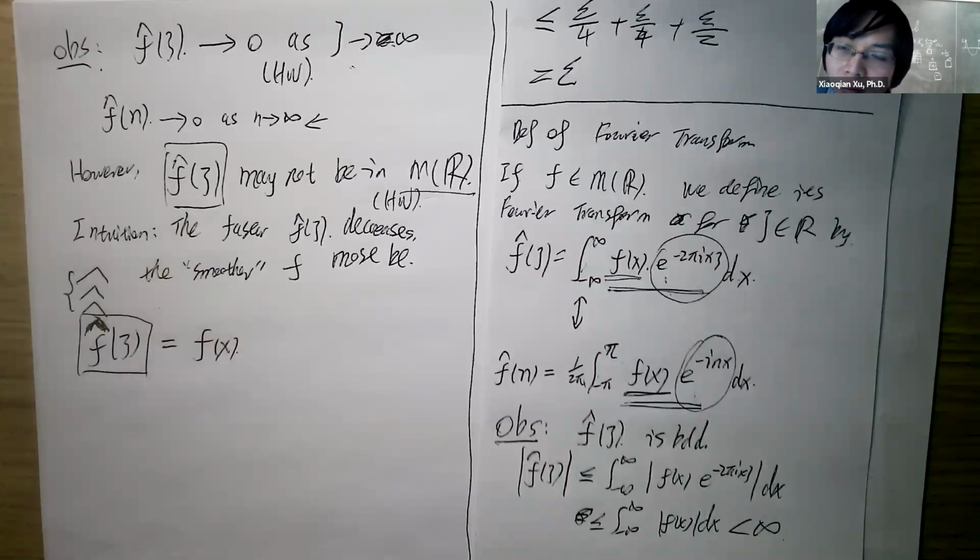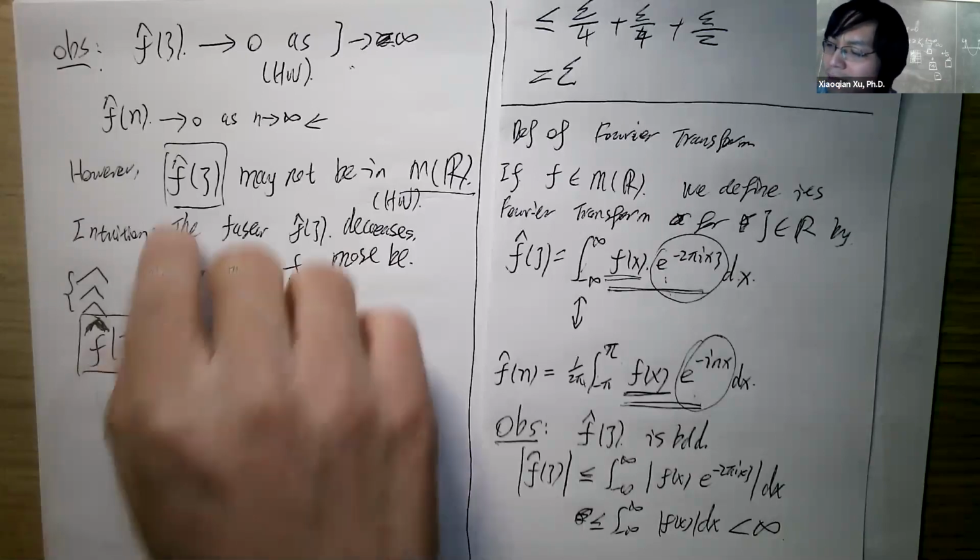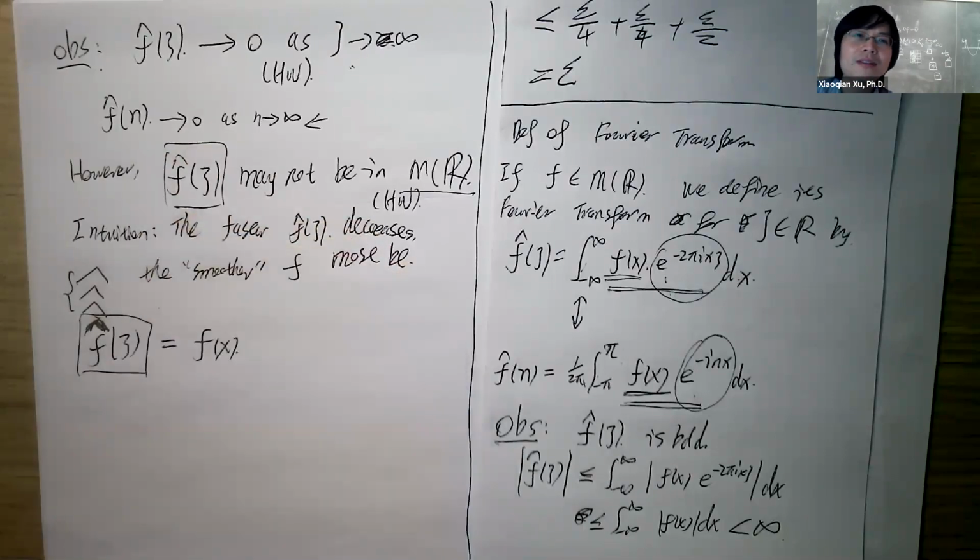But then we change our space a little bit. Your space is all these functions such that the function has some decay. And moreover, it's not only continuous, but also smooth. It's twice differentiable. So then we will need that this function must be twice differentiable.